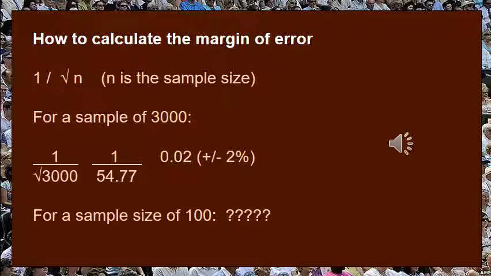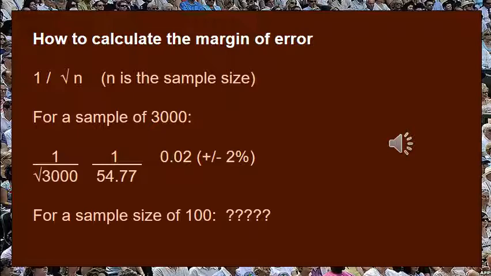So for a sample of 3,000, for example, I will do 1 divided by the square root of 3,000. The square root of 3,000 gives me about 55, 54.77. So I do 1 divided by 54.77, which gives me 0.02.